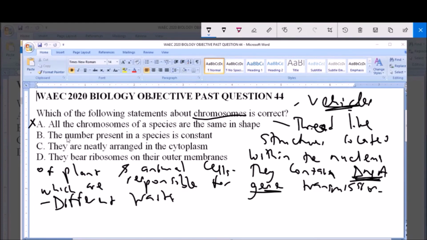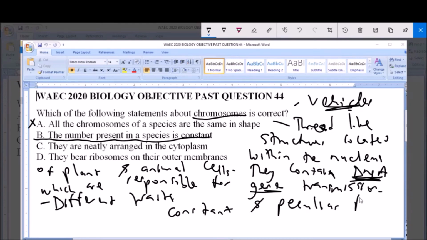Option B says the number present in a species is constant. This is actually correct. The number of chromosomes in a particular species is always constant and peculiar to that species.